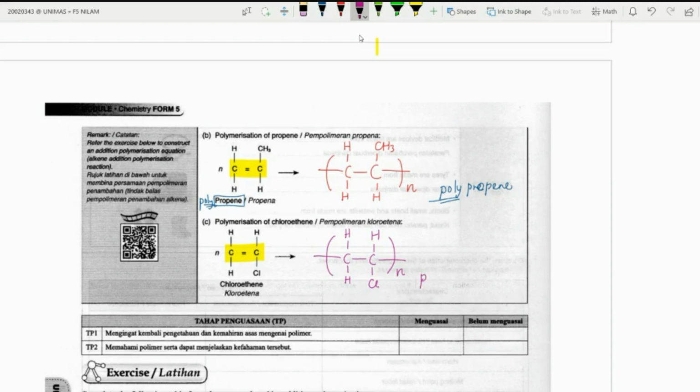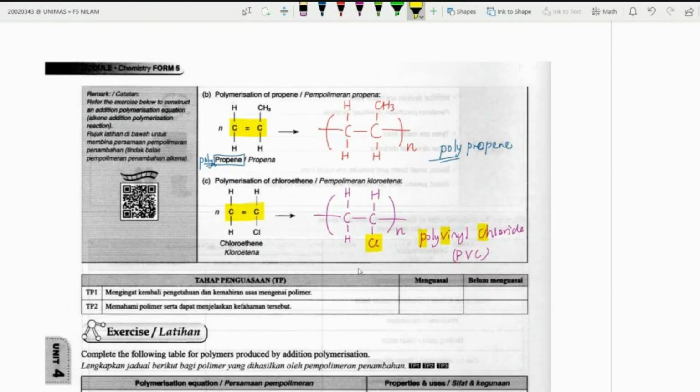We will write polyvinyl chloride, which is PVC. So you see, in PVC, one of the bonds is connected to Cl, and the others are H. Now it's very easy to recognize: one of the bonds here is attached to chlorine, Cl. So, polyvinyl chloride.